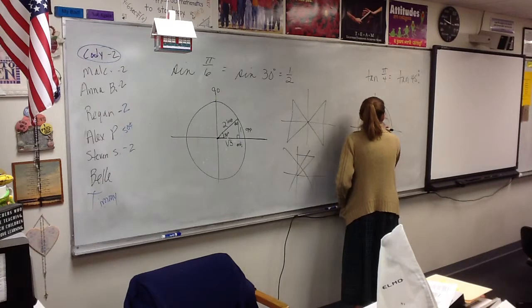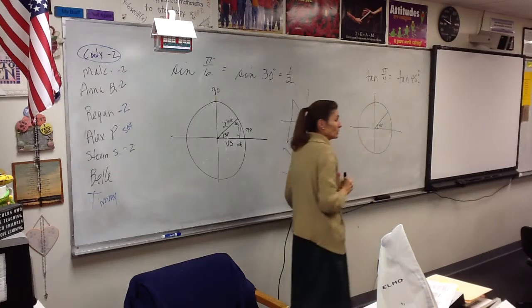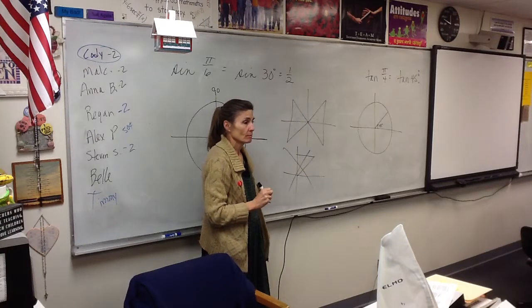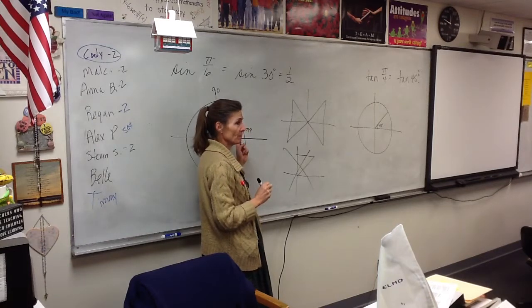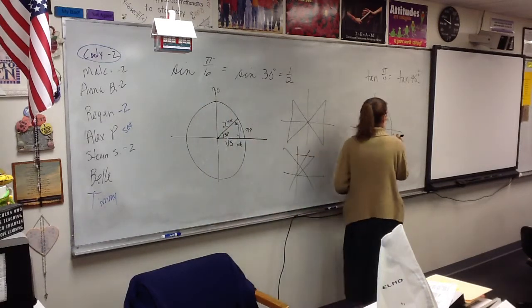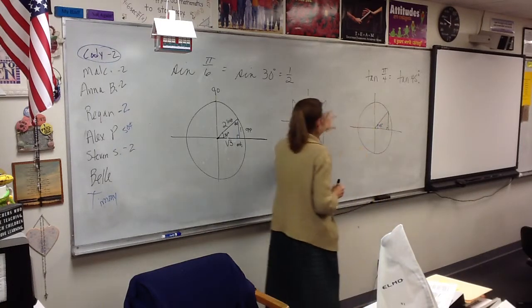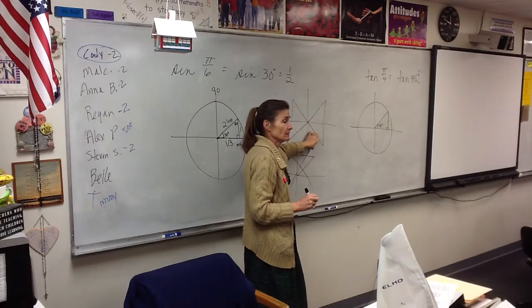I'm going to draw a 45-degree angle, so make sure you understand that's what a 45-degree angle would look like. Would you agree with me? Yeah. What do I do once I get my angle drawn? Do you remember? Drop your perpendicular, form the triangle. The triangle you form will either be sitting here, sitting here, sitting here, or sitting here.